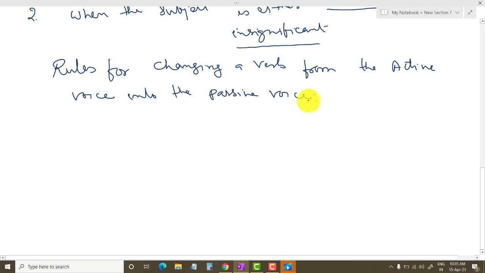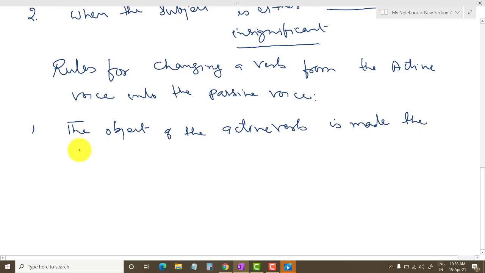The first rule: the object of the active verb is made the subject of the passive verb.